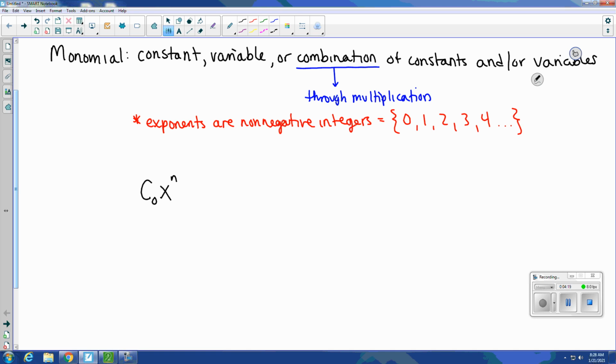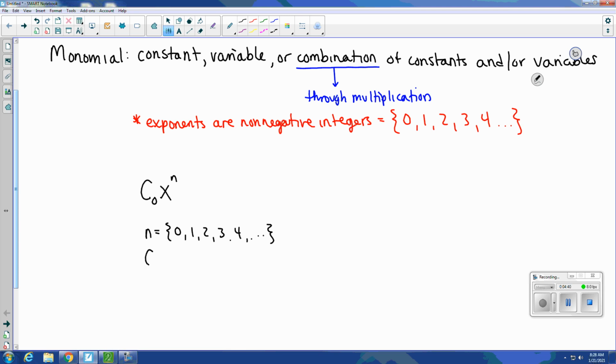Okay, so n, we'll say, represents some non-negative integer. So 0, 1, 2, 3, 4, all the way up to some number, or it could go on forever. Now, that's our single monomial term.